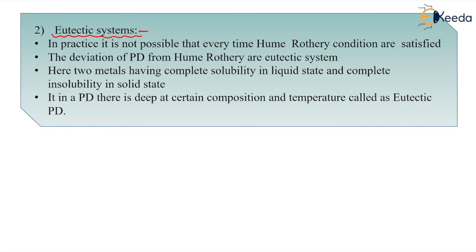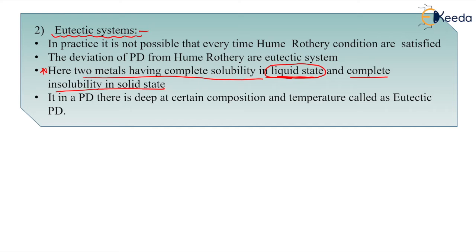So what actually happens in this eutectic system? Dear students, this is very important. Here two metals have complete solubility in the liquid state, meaning these two elements are completely soluble in the liquid state, but they are completely insoluble in the solid state.